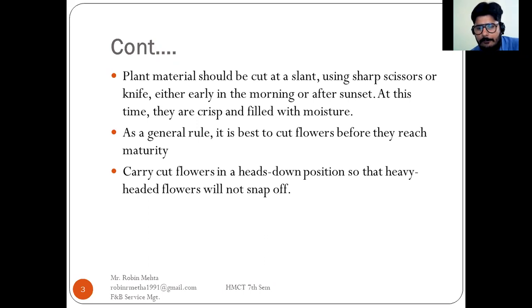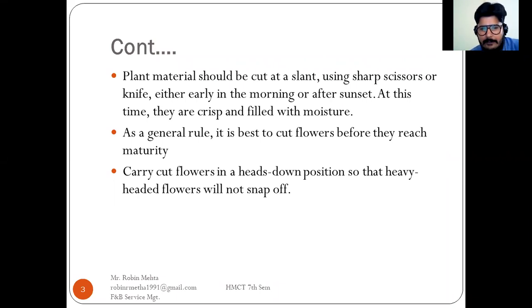And if we again see in the late evening or after sunset, the moisture content in the leaves or flowers is much higher than in the afternoon. So that's why we stick to cutting the plants in the early morning or after sunset.